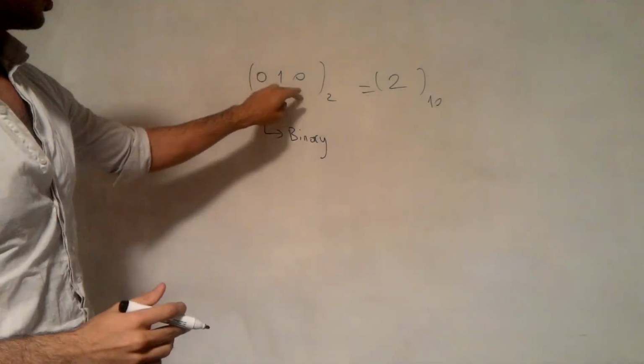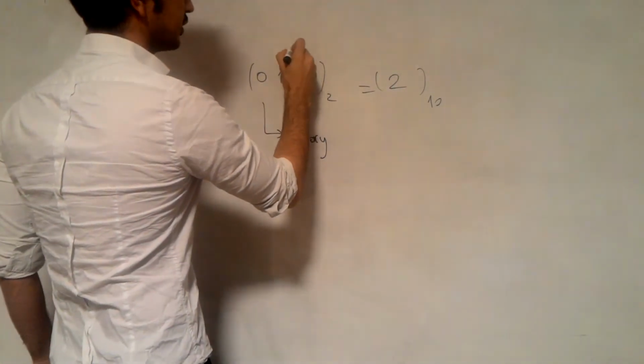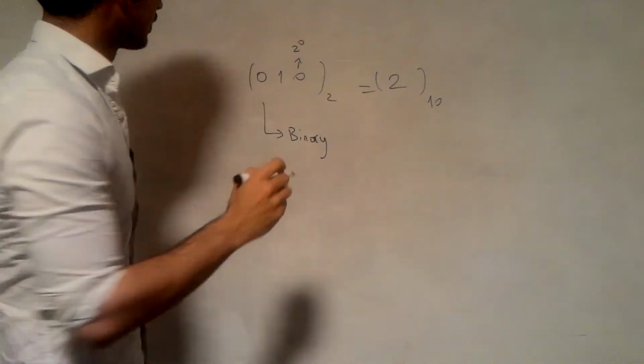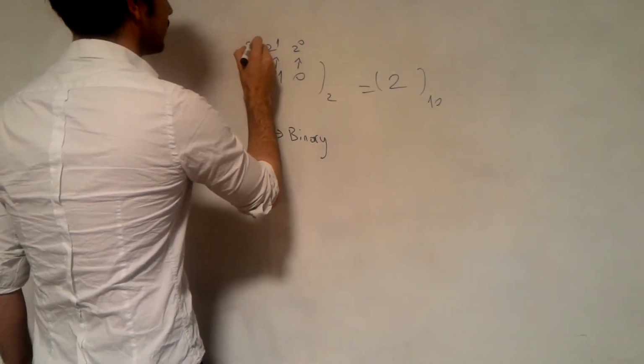If you want to calculate this number here, you just multiply this first one with 2 to the power 0. You will multiply this one by 2 to the power 1 and this one by 2 to the power 2.